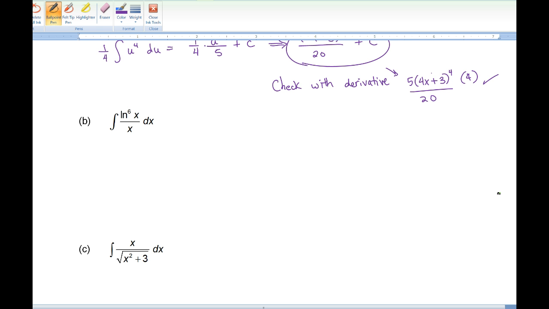Okay, the next one is confusing? Think about it: what's the derivative of ln x? 1 over x. We have 1 over x. Let me rewrite this, so it's a little clearer what is the inside and what's the outside.